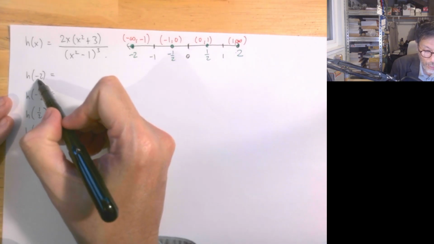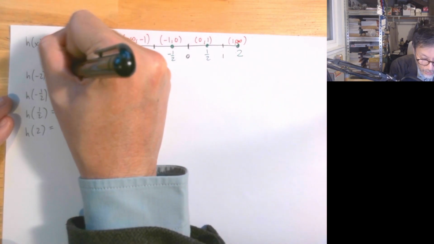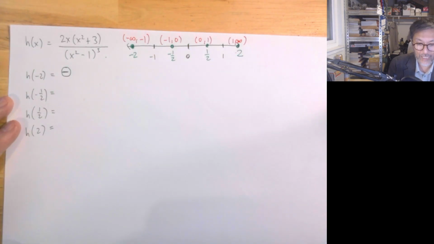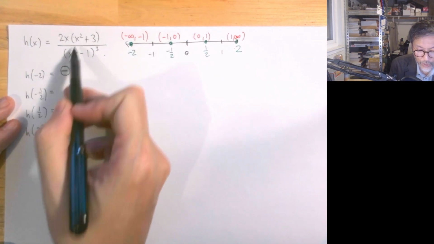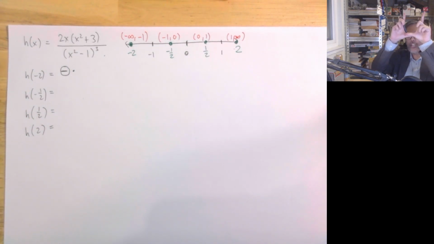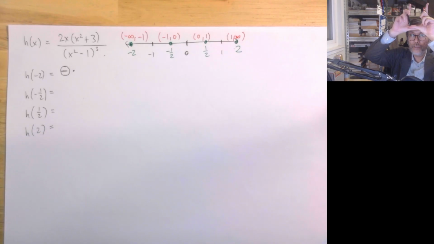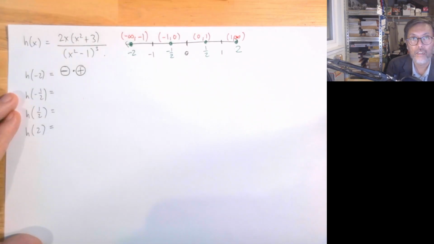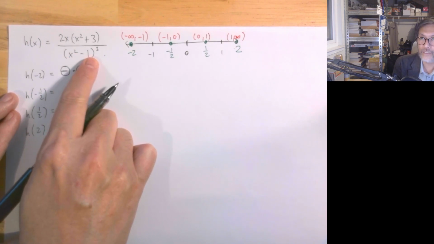So for example, I know that when I plug negative 2 into 2x, I'm going to get a negative number out. So I'm going to just denote that state of affairs like this, maybe a negative, and sometimes I like to put a circle around it. That means negative. Then I have a negative times what I get by putting negative 2 into x squared plus 3. Now remember x squared plus 3, we took that parabola, we lifted it up 3 units. Do you notice that the y coordinates of the points on that parabola are always positive? That means x squared plus 3 is always positive. And then if I put negative 2 down here, well, negative 2 squared is 4. 4 minus 1 is 3.